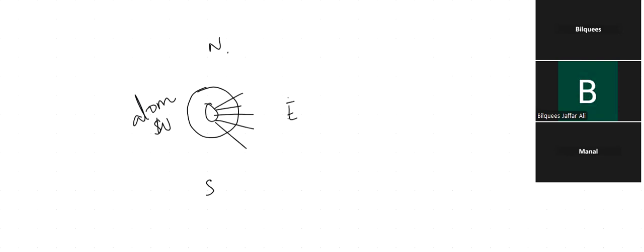Similarly, I don't know at what time, after 2 minutes or 3 minutes, this atom is emitting out the radiation. I don't know the exact time at which this atom starts emitting radiation.